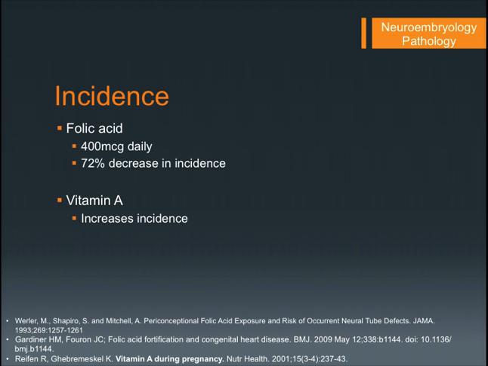So we can alter the incidence of spina bifida by providing a pregnant person with folic acid, and the current guidelines are 400 micrograms a day. The original trial gave pregnant women 4 milligrams of folic acid, and they found a 72% decrease in incidence was observed.